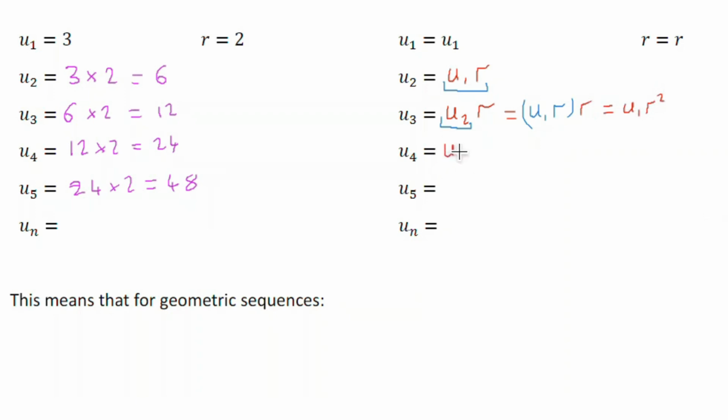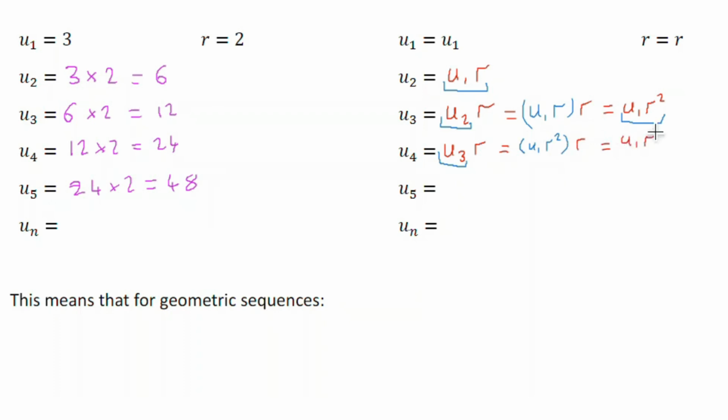u4 is equal to u3 times r. But again, we know that u3 is equal to u1 times r squared. So replacing that into the formula, we get u1 times r squared multiplied by r.